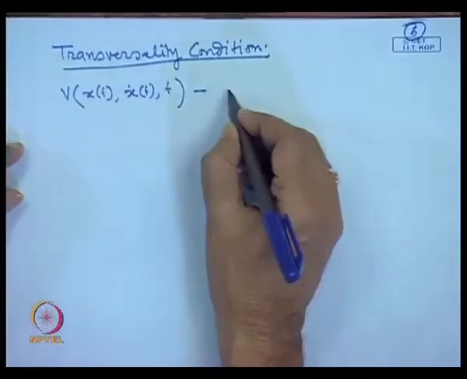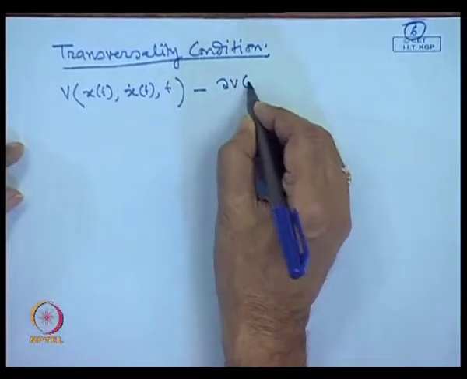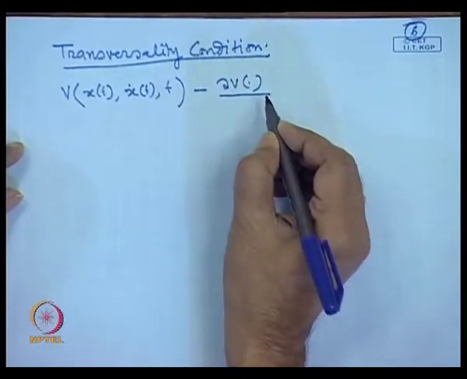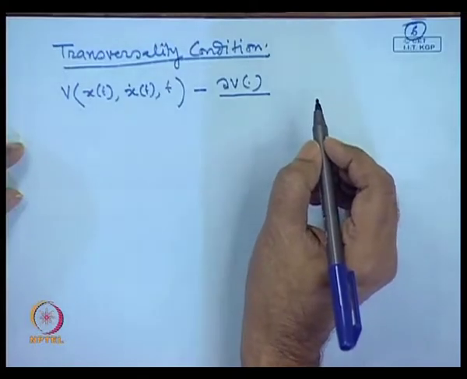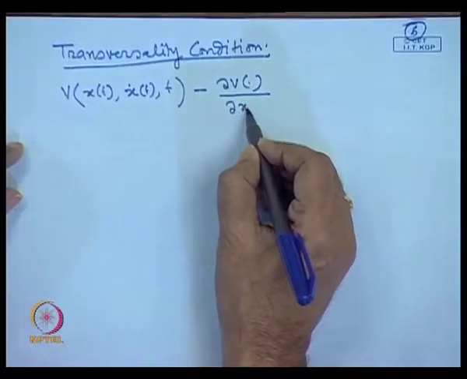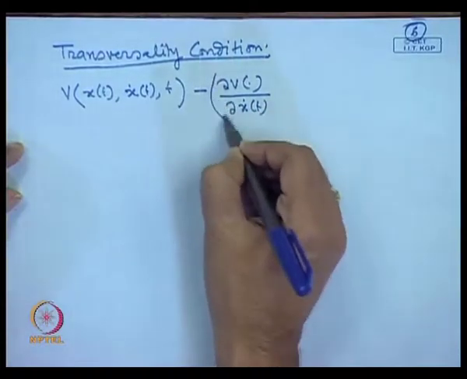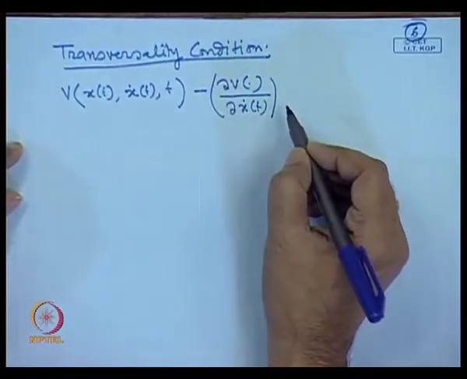So, this is the transversality condition when T f is free but x of T f is fixed, meaning delta x of T f is 0. Then this is equal to the partial of v with respect to x dot of t, whole, into x dot of t.